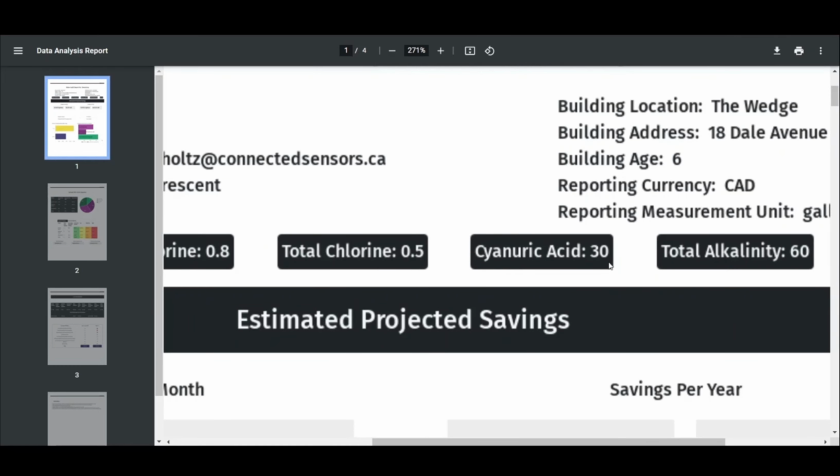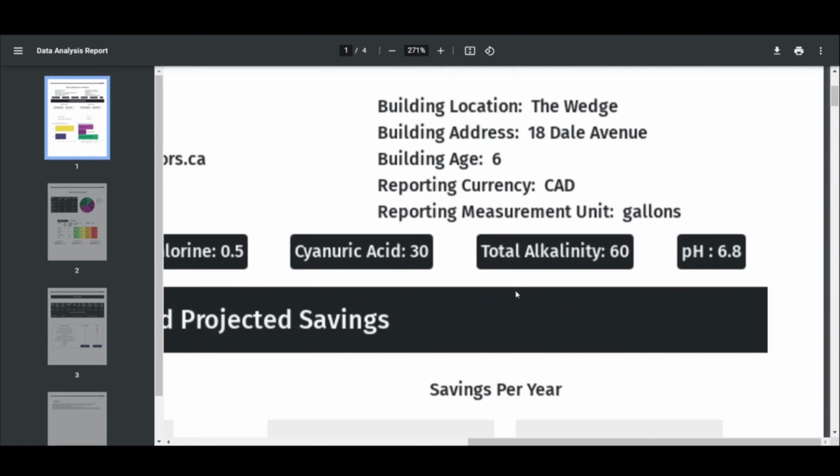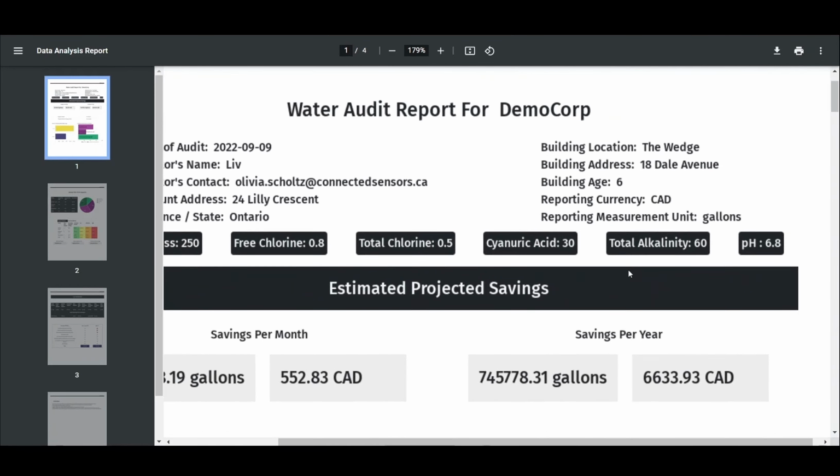Cyanuric acid should be between 30 and 100. Total alkalinity between 80 and 120. In this case, the total alkalinity falls below the normal range. And lastly, your water's pH should be between 7 and 8.